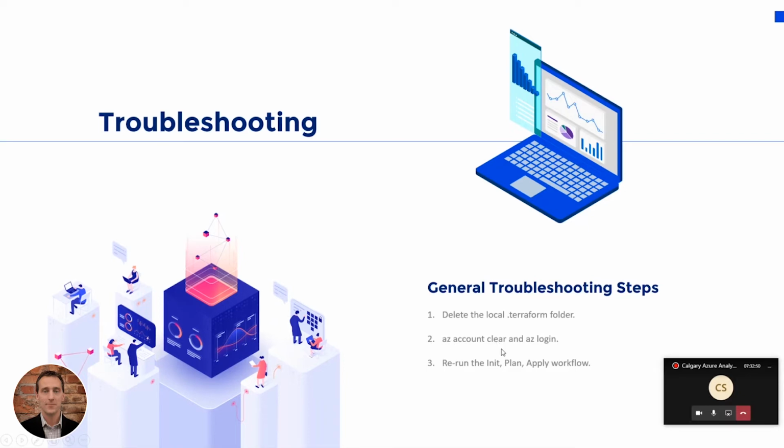The Azure account credentials can be corrupt or lost or cleared, so the troubleshooting steps would involve deleting that .terraform folder to drop all of the downloaded artifacts from HashiCorp, running az account clear to clear all my credentials from my development workstation, logging in again successfully, and then rerunning the init, plan, apply workflow that we've been talking about.